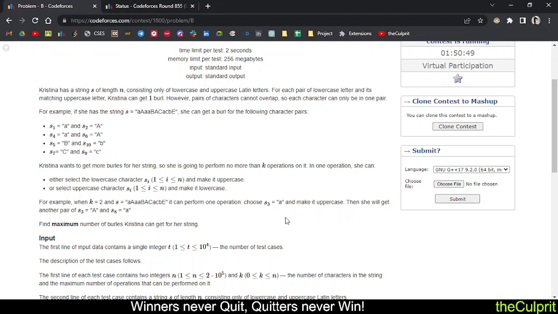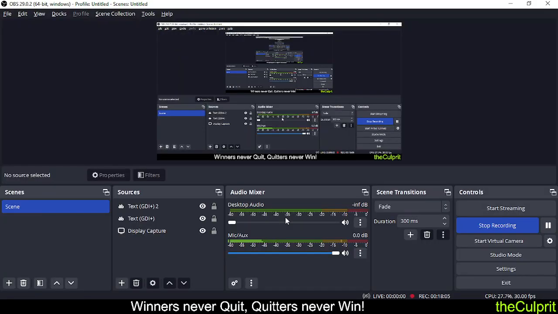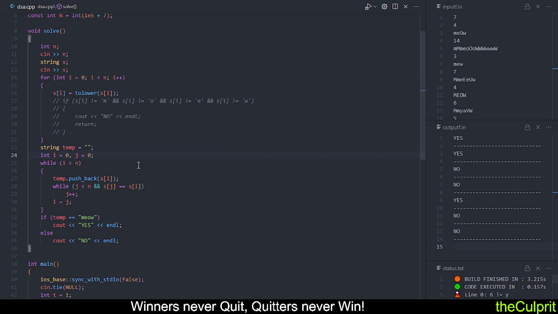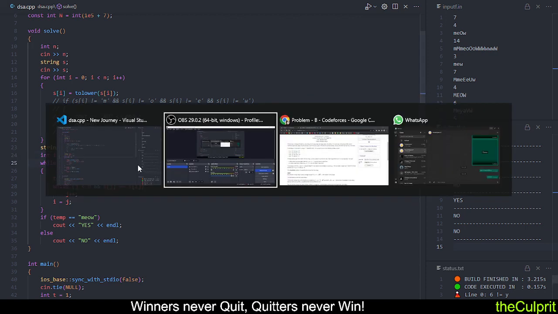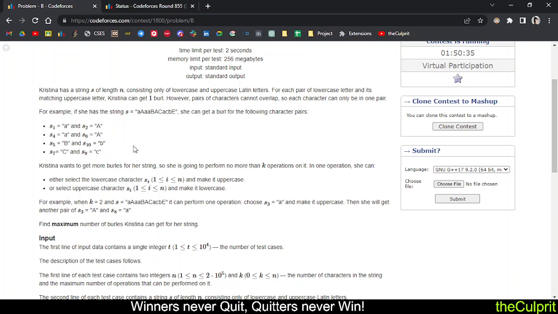So in this problem, we would go with the map option, and basically what I would do is iterate over each of the characters, and keep on storing that character to the map if there is no match.